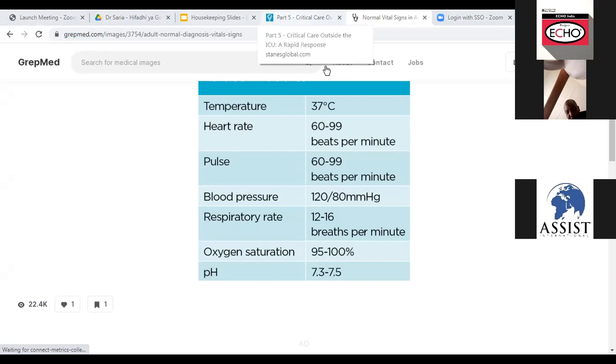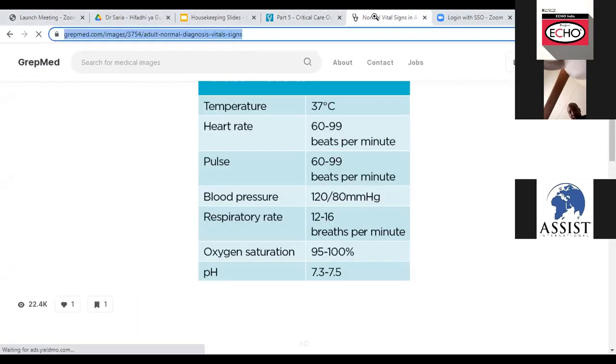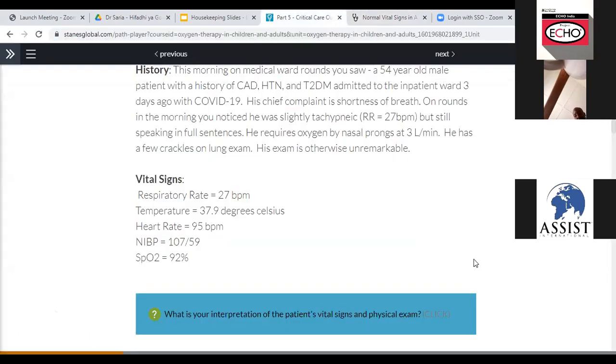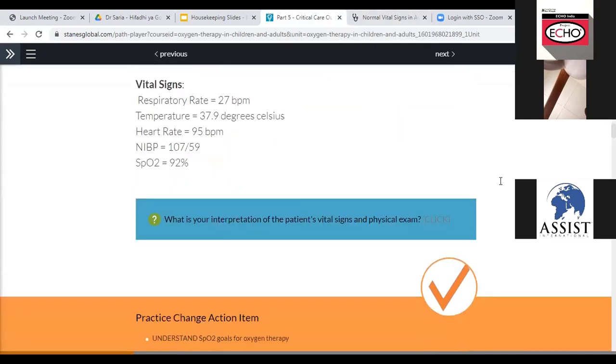The heart rate is at the upper limit, so it's within normal range, but at a higher limit. So it's soon to be tachycardic probably. And the temperature, as we have said, is elevated. Okay, thank you so much to those who have responded.